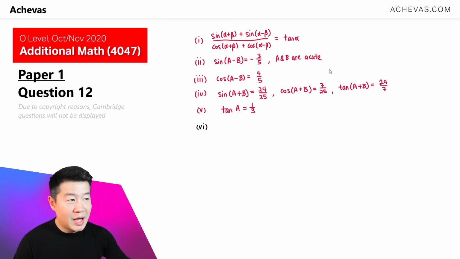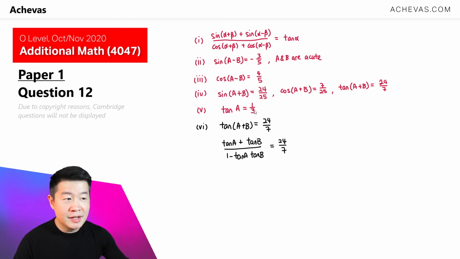To find tangent B, I'm going to make use of this that was given to us in part 4. So tangent A plus B is equal to 24 over 7. And making use of the trigonometric identity, tangent A plus B is tangent A plus tangent B, which was what we are supposed to be finding, divided by 1 minus tangent A tangent B. This is equal to 24 over 7.